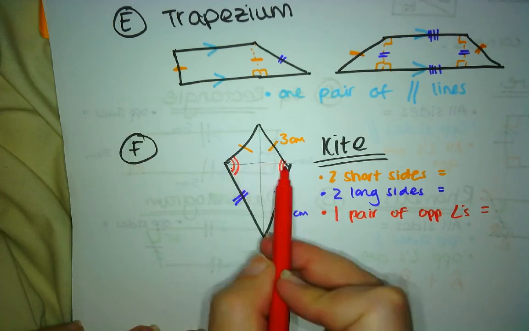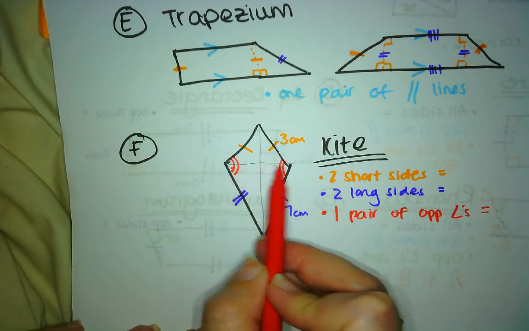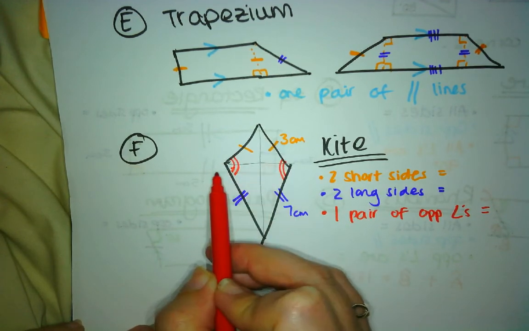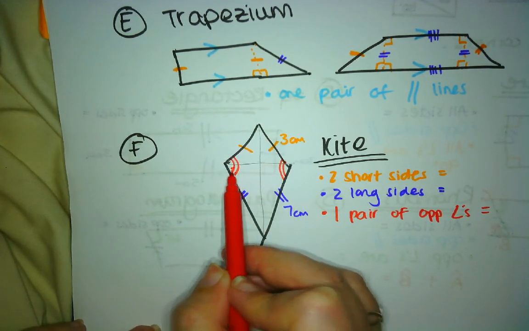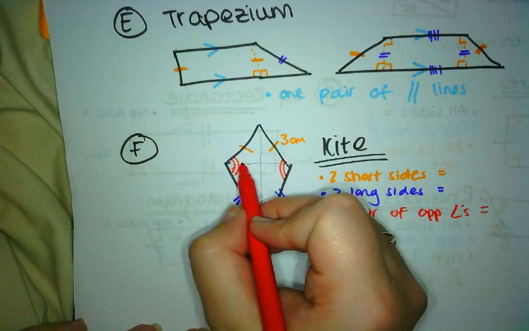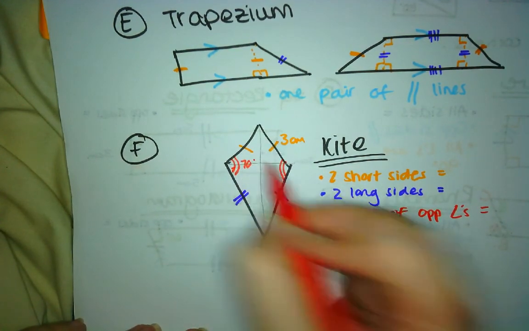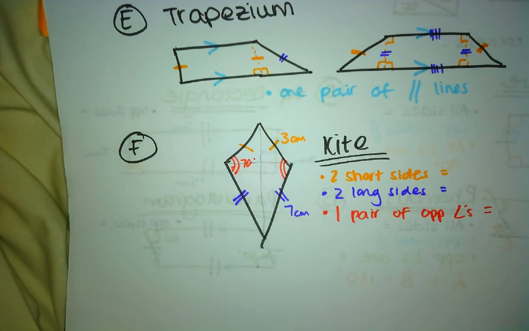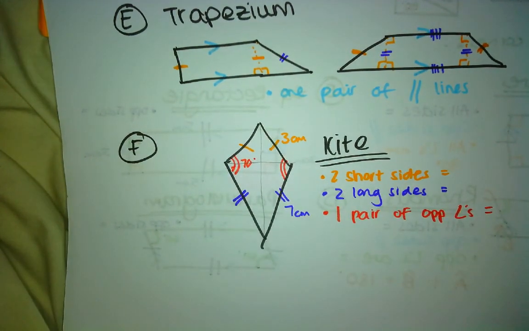So this pair of angles, sounds weird, okay, is equal. So if this is 70 degrees, then that means that that's also going to be 70 degrees. Okay, so that's pretty much it. I'm not going to give you anything else. That's pretty much all that we're doing.